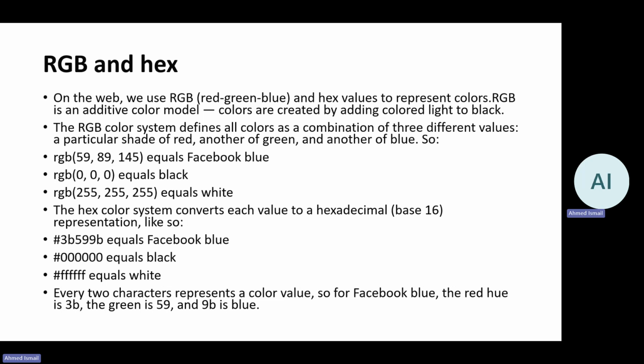Let's go to the RGB and HEX. Now, on the web, not the printed, on the web, we use RGB: red, green, blue. Red, green, blue are the colors that are produced through screens, okay? And hex refers to hexadecimal, hex values used to represent colors.